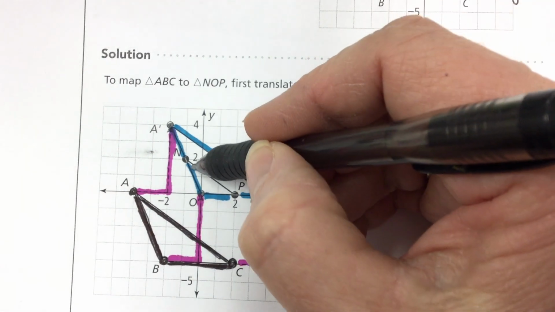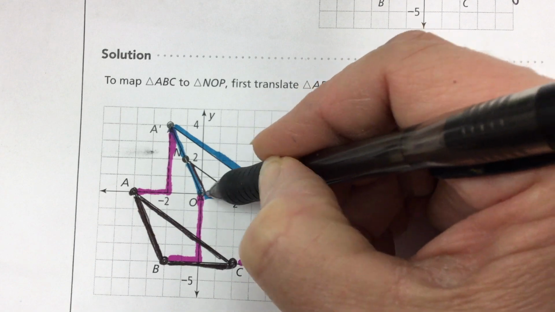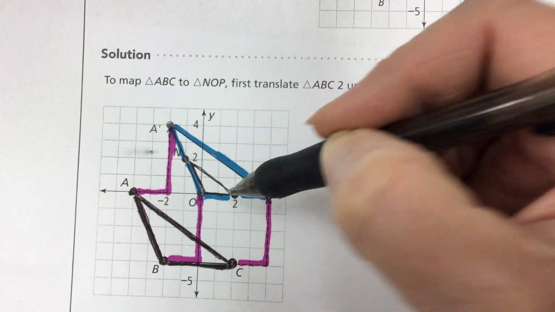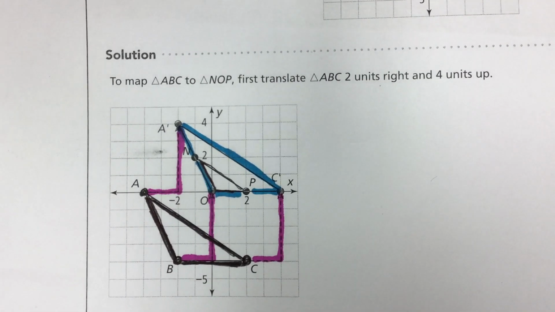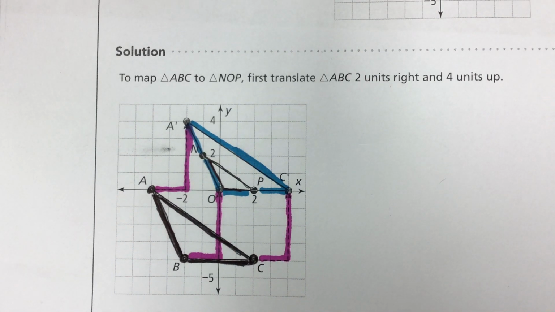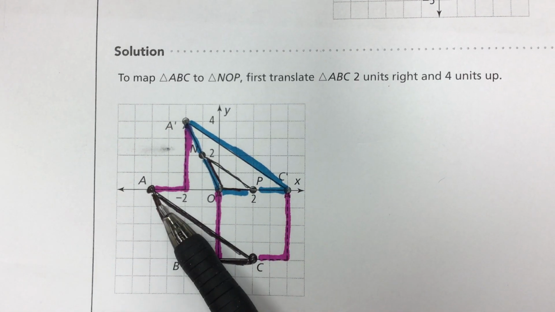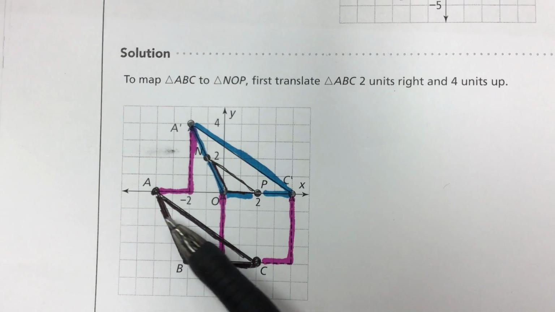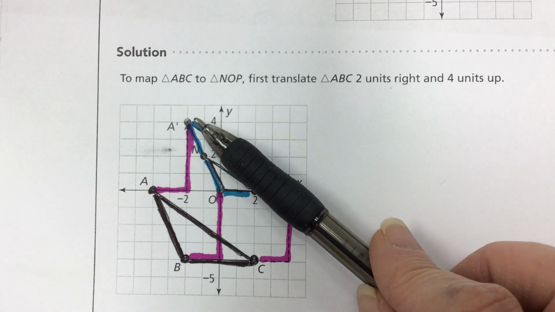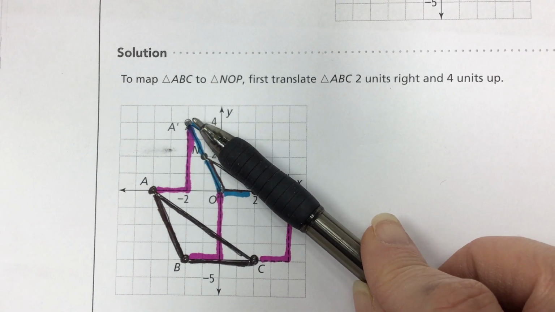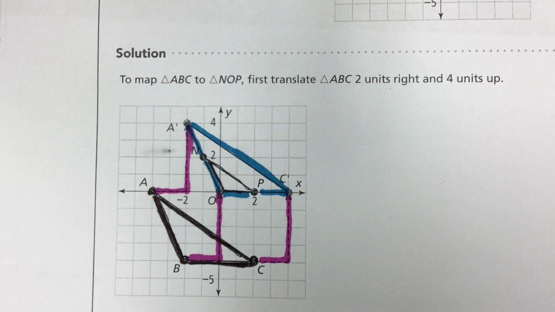So at least we can see the mapping here, where this was translated to the right 2 and up 4.